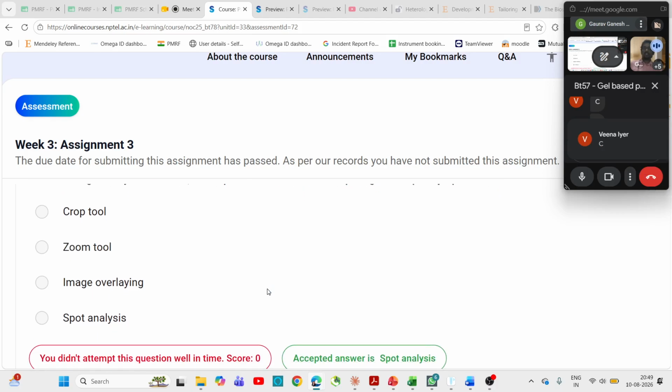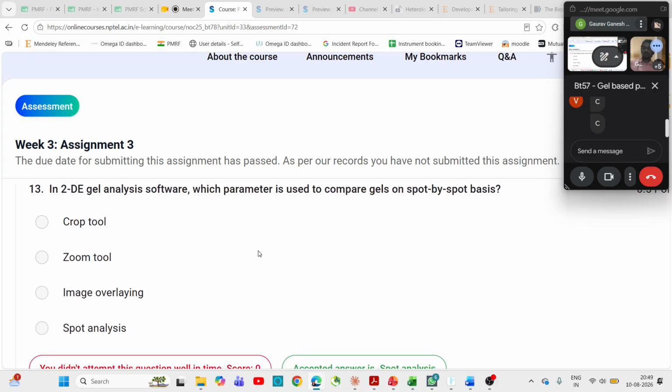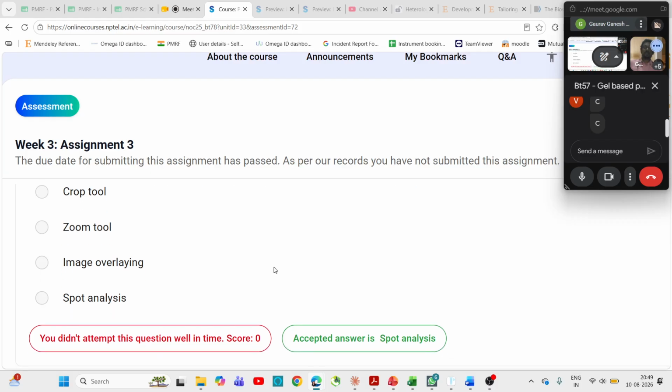It's spot analysis when you're doing spot by spot basis analysis. Although it's slightly confusing, the answer is spot analysis.